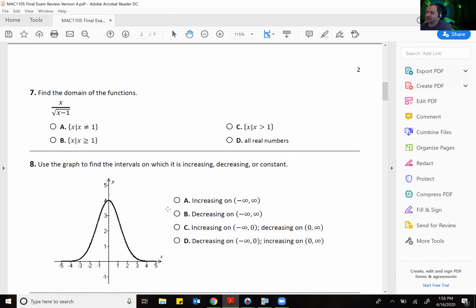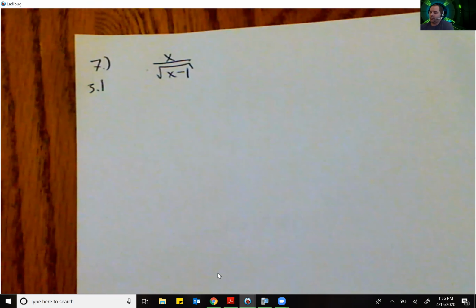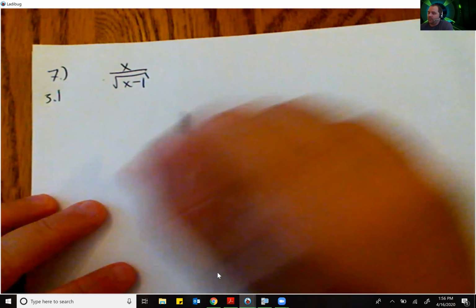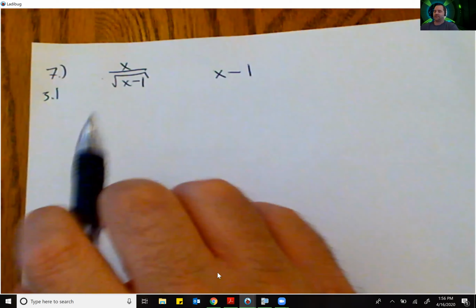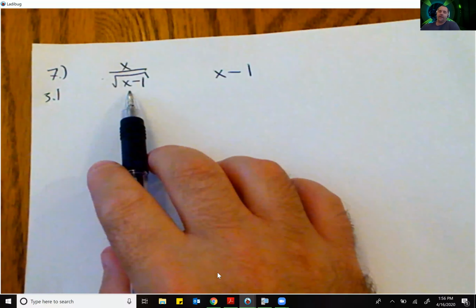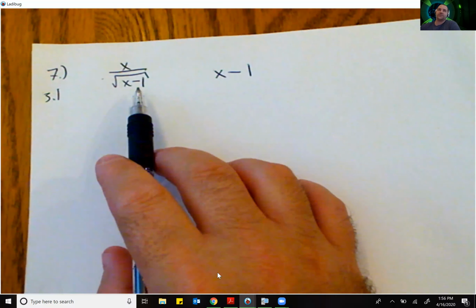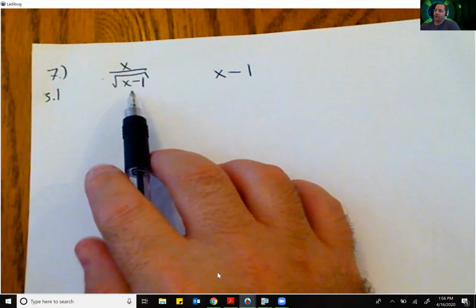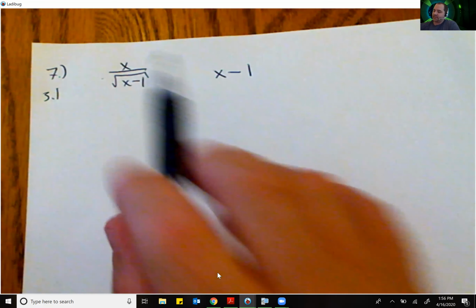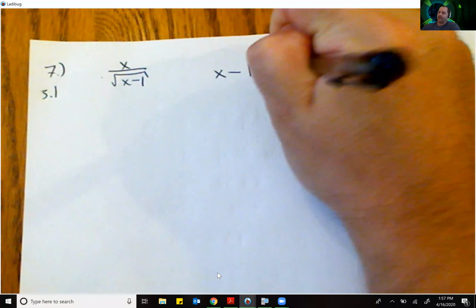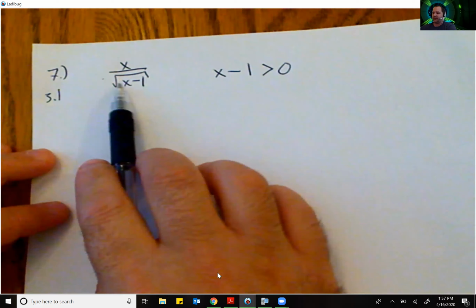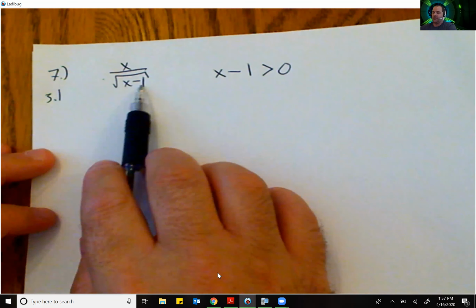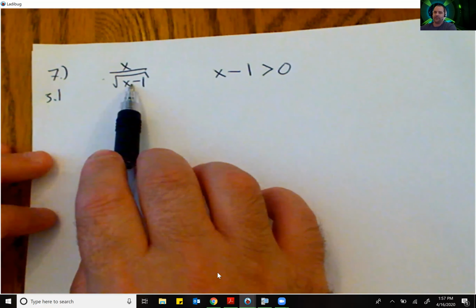All right. So we're going to take this x minus 1 that we have here under the radical, and we're going to combine what we just talked about. The denominator is going to get set equal to 0, and the radicals are set greater than or equal to 0. But we're going to combine those together, and we're just going to set it greater than 0. Because remember, the reason why we set the denominator equal to 0 in a rational is because we don't want the denominator to be 0.